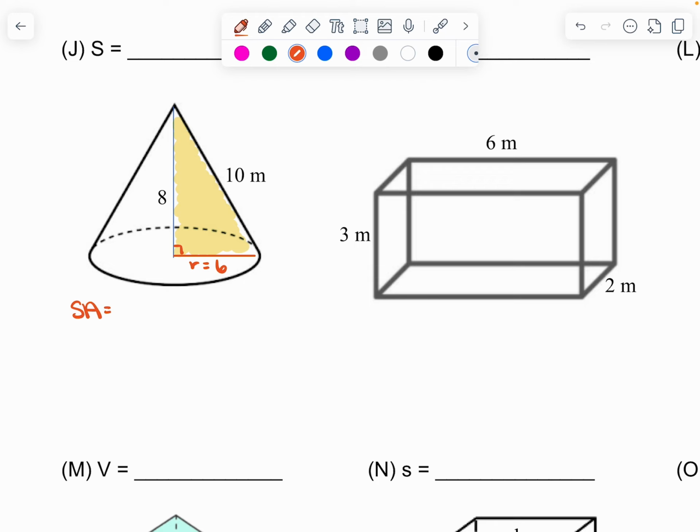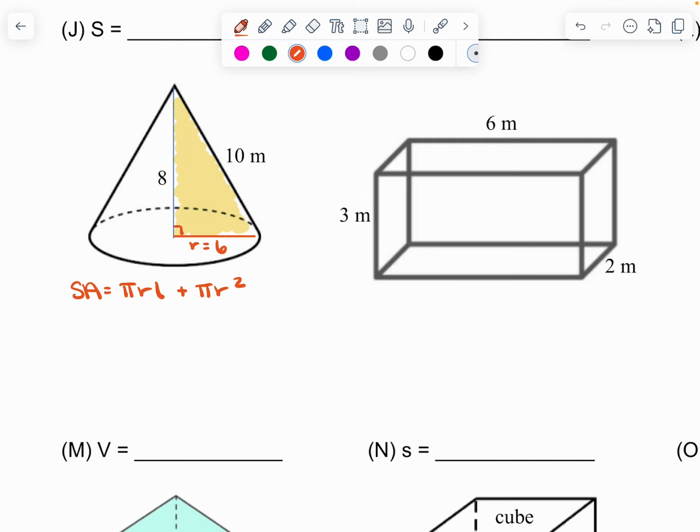Okay, so total surface area of a cone. Let's see. So that is going to be pi RL plus pi R squared. I almost forgot for a second. All right, and we basically have all that. So pi, the radius we just found, the slant height that was given, plus pi 6 squared.